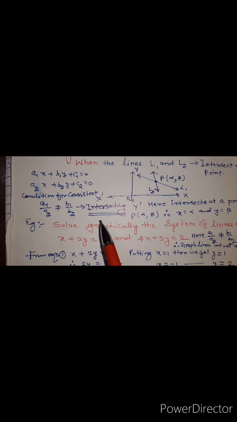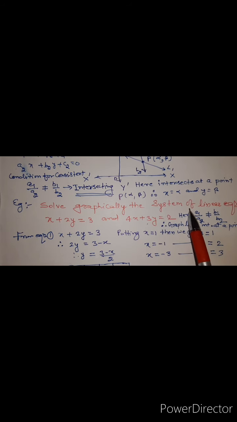Here I want to clarify it by taking some example. So look at here. Solve graphically the system of linear equations x plus 2y equal to 3 and 4x plus 3y equal to 2.